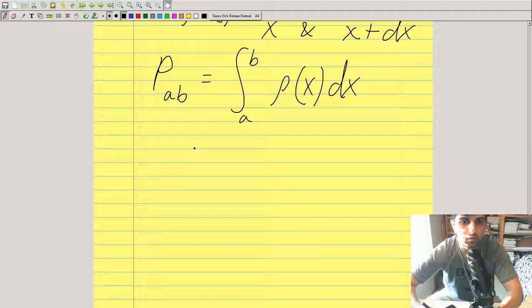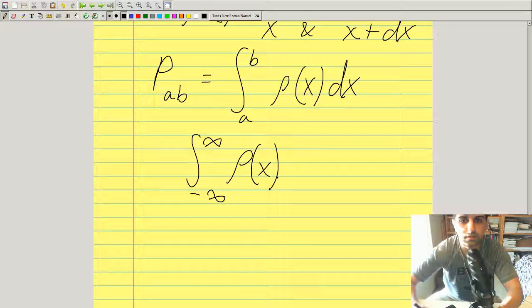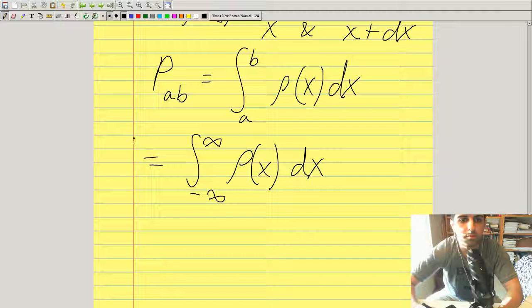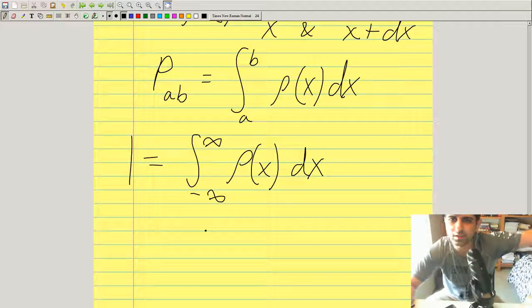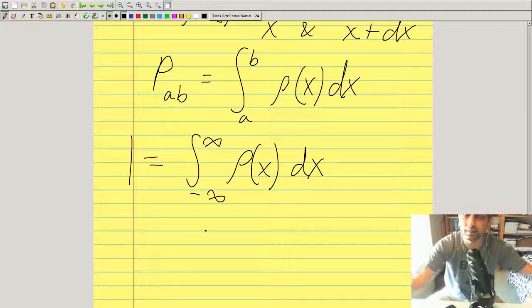Instead of a summation, you integrate between negative infinity and positive infinity of this probability distribution function. What you're essentially saying is the probability of being somewhere between negative infinity and positive infinity for x has to be 1.